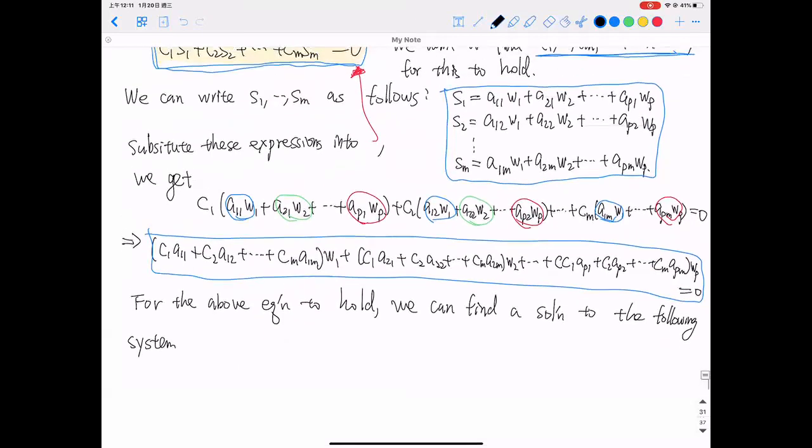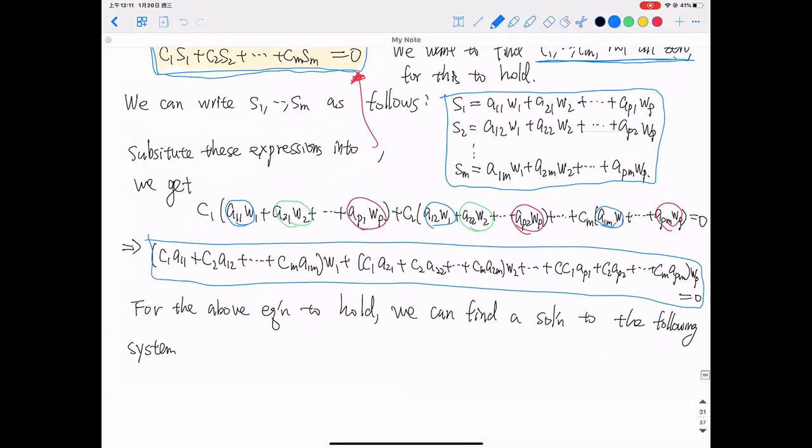This equation is saying that a linear combination of the w's is equal to 0, and one easy way to achieve that would be to set all the coefficients to 0, and doing that will give me this system.